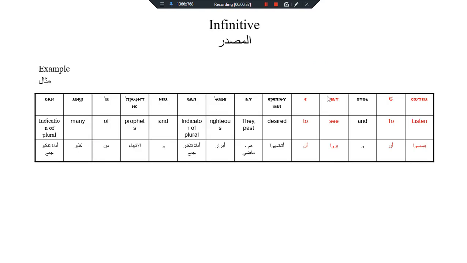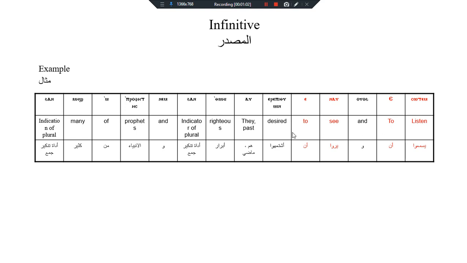For example, here: han mish im prophetis nem han ismi av re bisomin enav ovo isotem. Many of prophets and righteous, they desired to see and to listen.